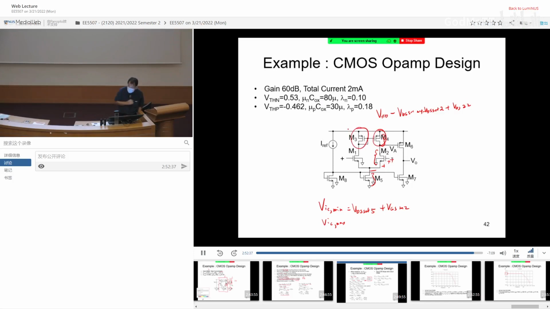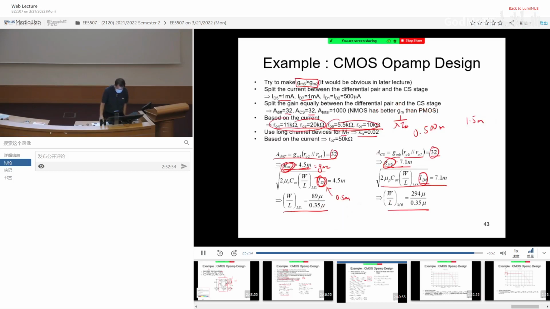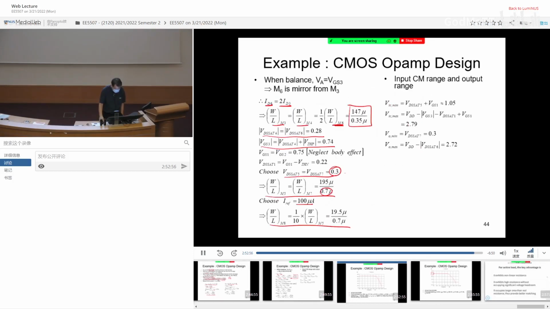The worst case is this guy. So what you should have is actually VDD minus VGS3 minus VDS sat 1, and then you plus VGS1. Okay, so that is the maximum that you can go. I believe somewhere here. Okay? For output, that is quite straightforward.